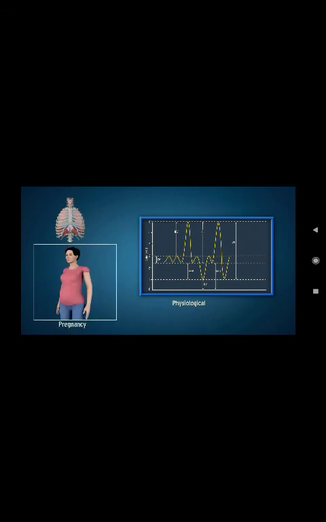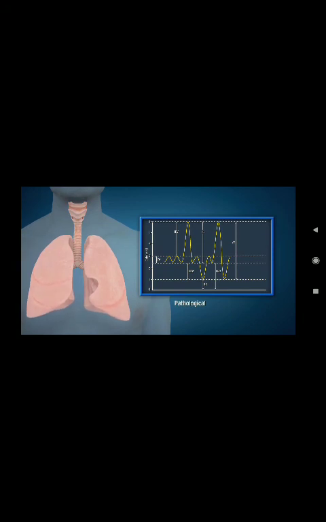In pregnancy, VC is reduced as the diaphragm is pushed upwards, thereby reducing the capacity of the thoracic cavity. Pathological. In ascites, VC is reduced as the diaphragm is pushed upwards. VC is reduced in pulmonary disorders like pulmonary fibrosis, pulmonary edema, and others.